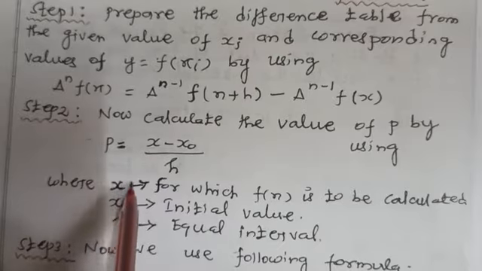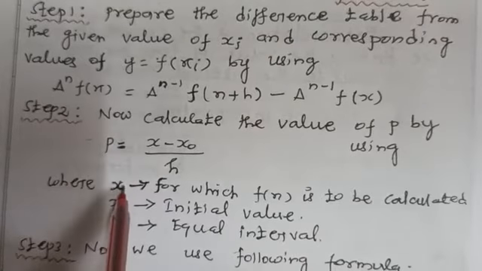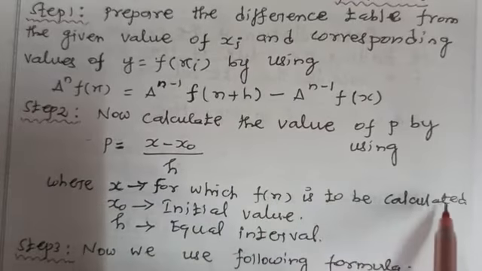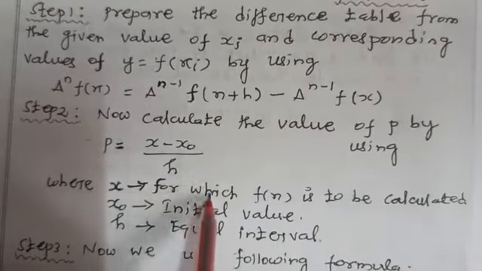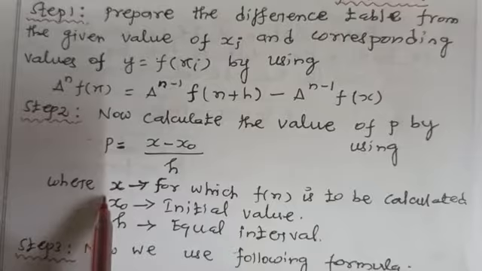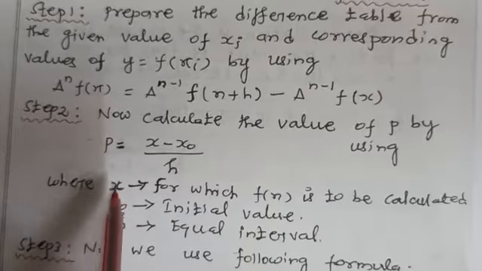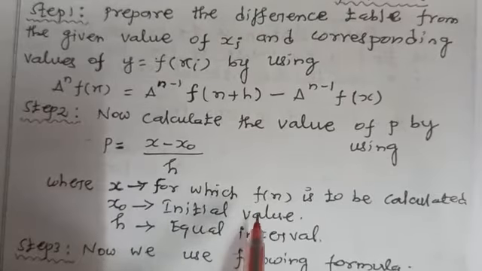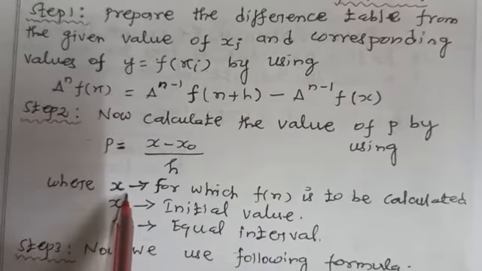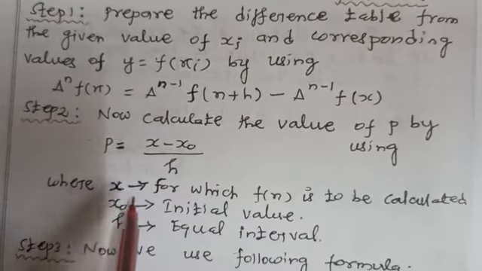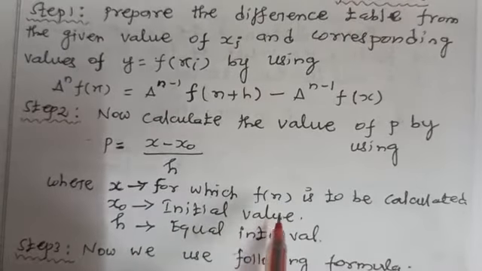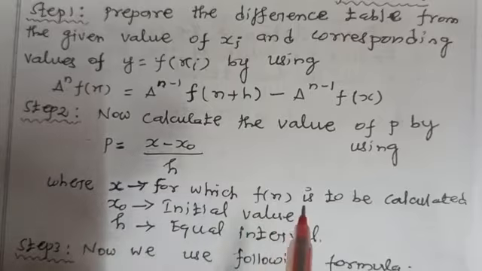What is meant by x? X is the value for which y or f of x is to be calculated. In the problem, the x value is given to find the corresponding y or f of x. X naught means the initial value of x.